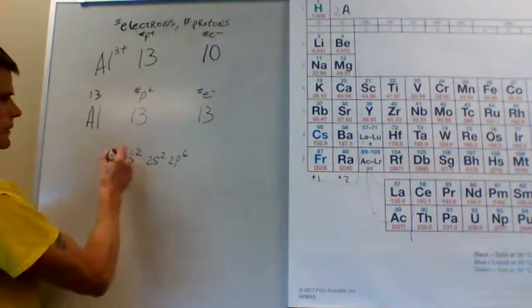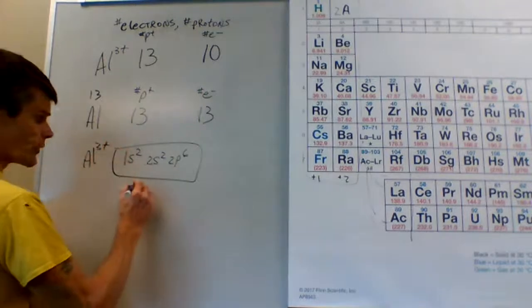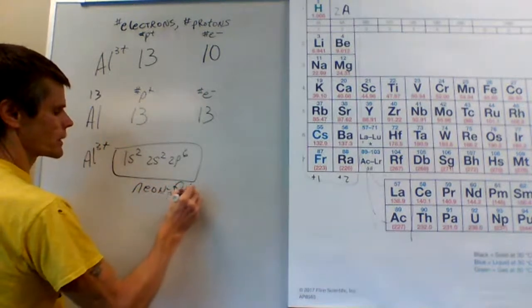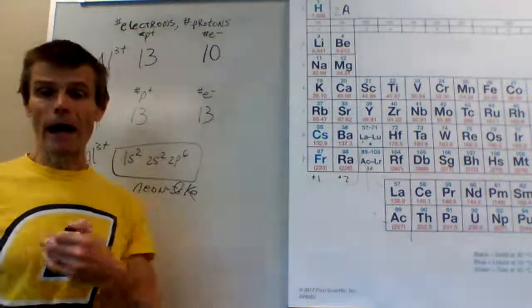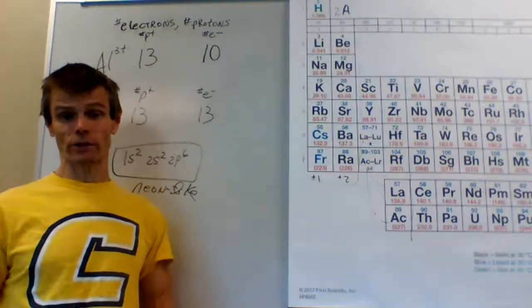You would notice that the aluminum cation also has a neon-like electron configuration.